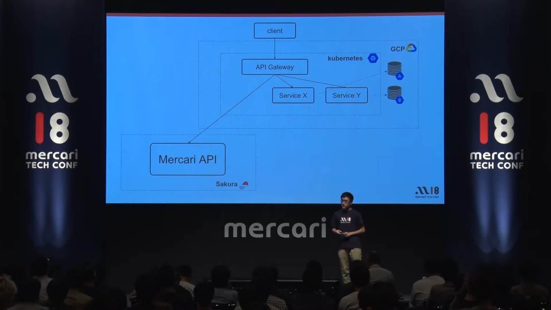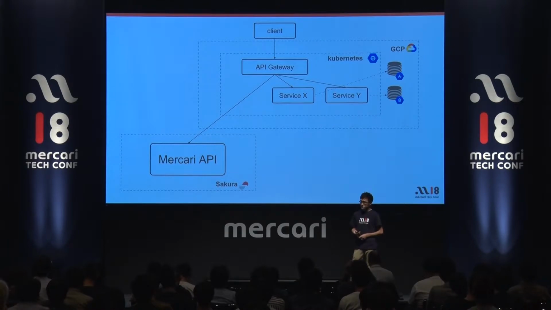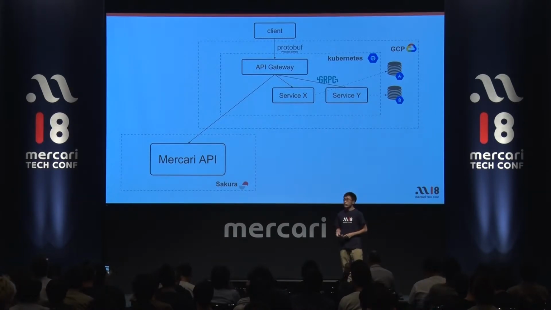The existing API has mainly used MySQL as the backend storage, but for the new services, it's up to each service to decide what to use. And because we're using GCP, most of them end up using managed databases like Cloud SQL or Spanner. The clients still talk to our API gateway through HTTP, but for these new services, they send serialized protobuf messages in the request body.